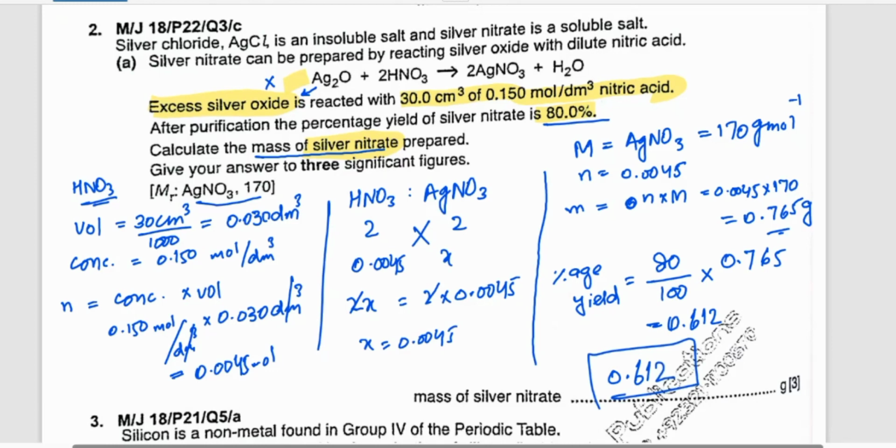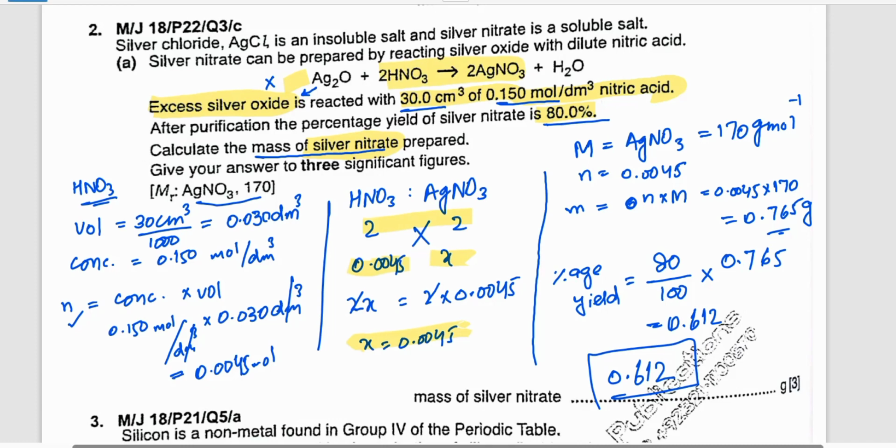So what we have done over here: we calculated the number of moles from its given volume and its concentration. Then we compared the moles of HNO3 with AgNO3, 2:2, and if we have this many moles, what will be X? The same ratio will be there, so the same number of moles.